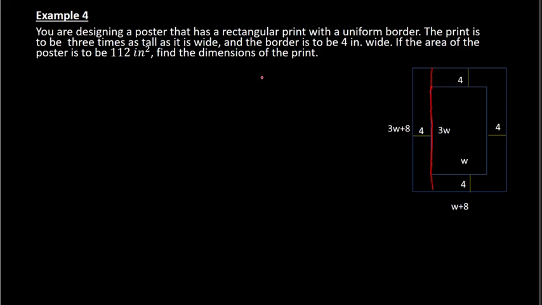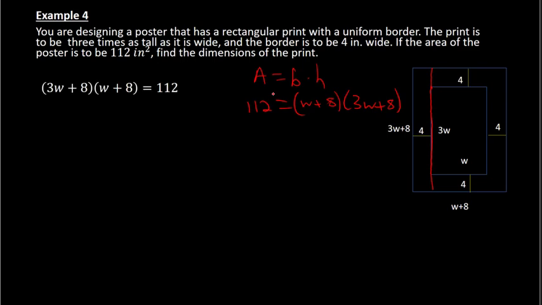So the area of a rectangle is length times width, or base times height, or whatever way you want to think of that. We take the bottom, the W plus 8, and multiply it by 3W plus 8. So W plus 8, and then 3W plus 8. And that area is 112. So that is my equation. So we have 3W plus 8 times W plus 8 equals 112.